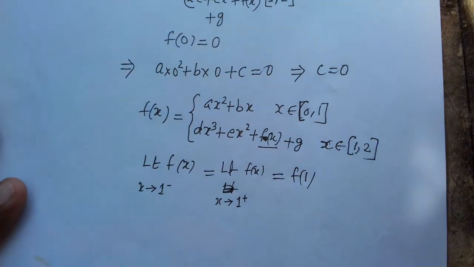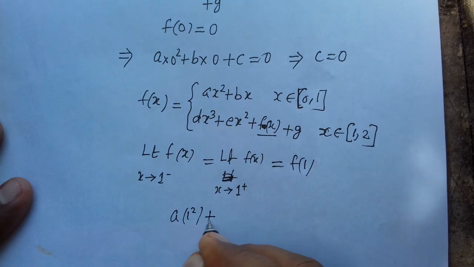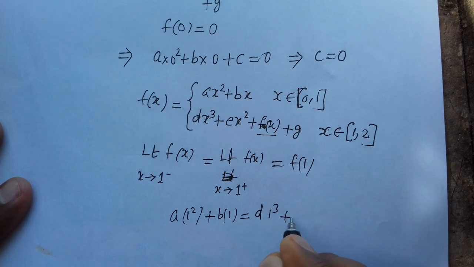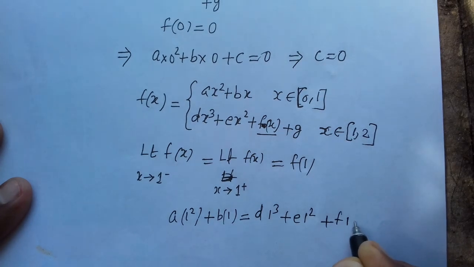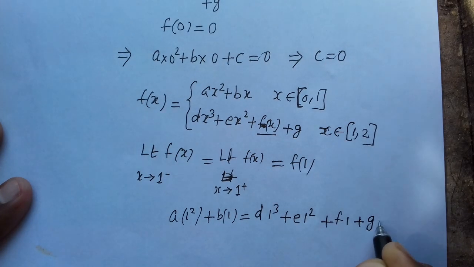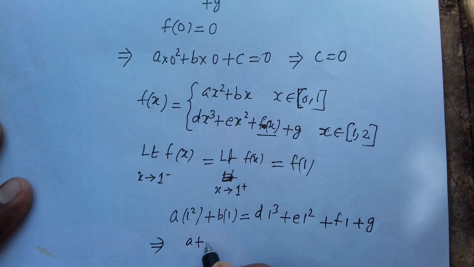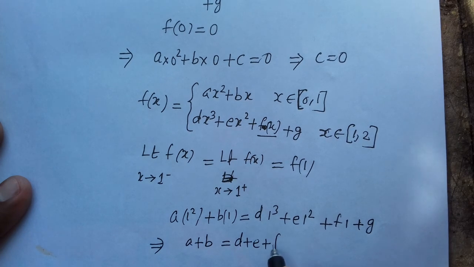And using this we have a into 1 square plus b into 1 equals to d into 1 cube plus e into 1 square plus f into 1 plus g, and so a plus b equals to d plus e plus f plus g.